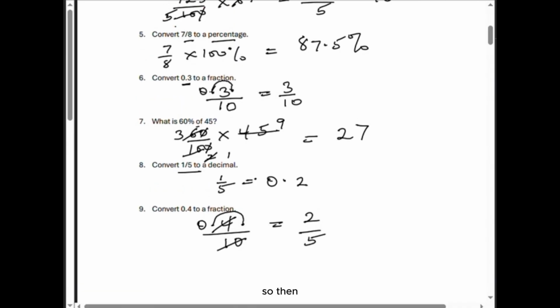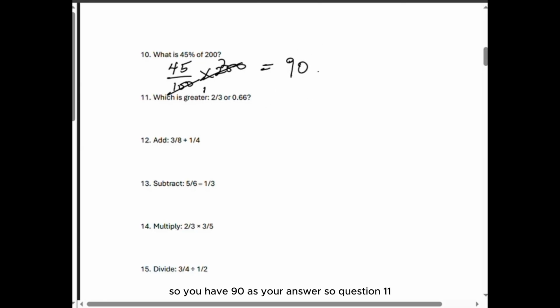So then, question 10, what is 45% of 200? 45% is 45 over 100 times 200. Yeah, 1, yeah, 2. And you have what? You have 90. So you have 90 as your answer.